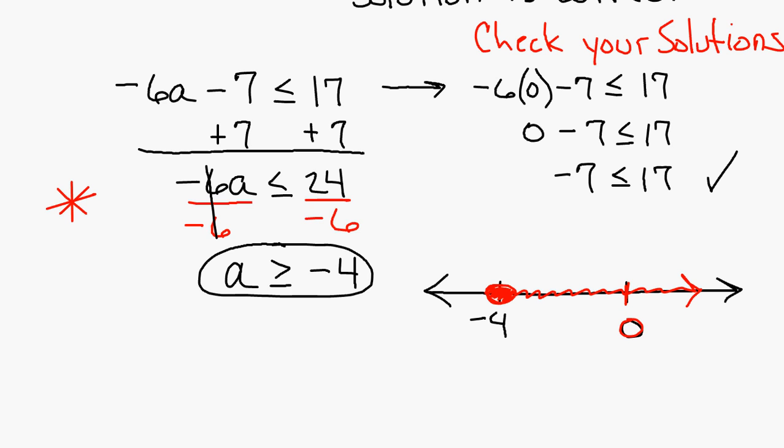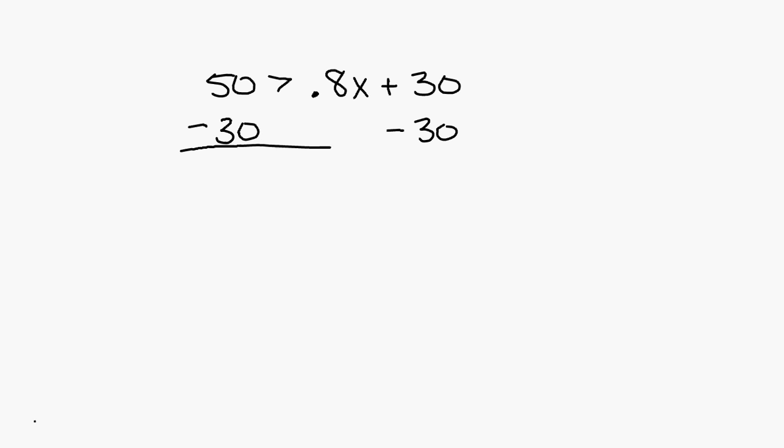Any questions right now? $50 is greater than 0.8x plus 30. In this case, you're going to subtract 30 from each side. $50 minus 30 is 20, is greater than 0.8x.